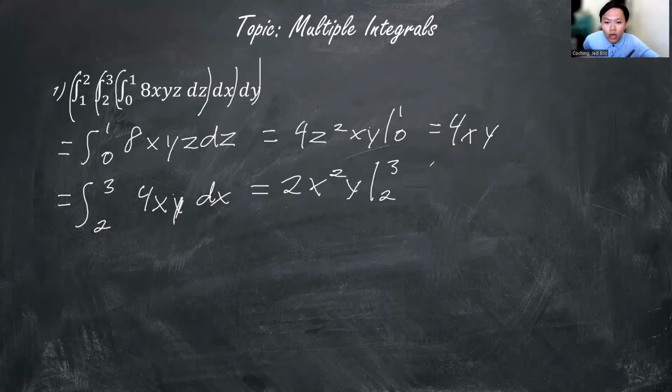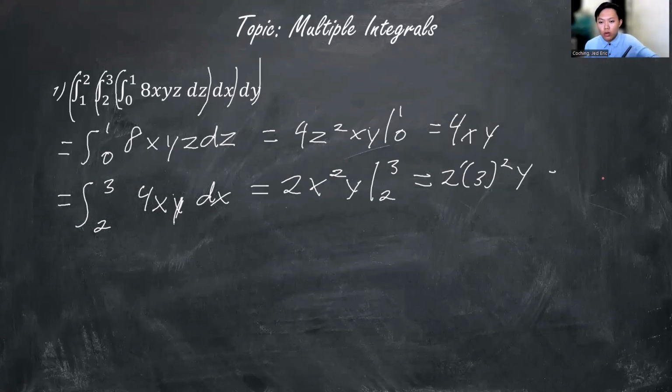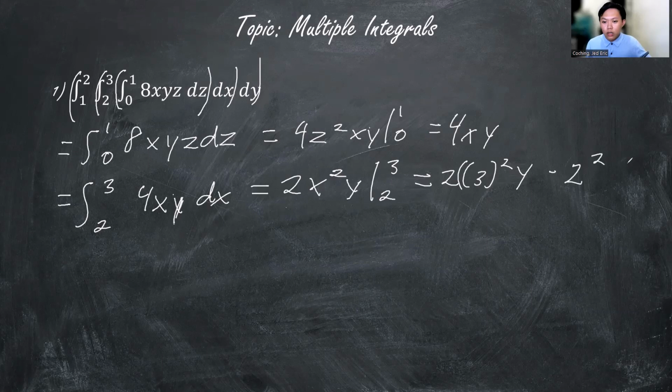This is just going to become 2 times 3 squared y minus 2 times 2 squared y. This equals 10y.